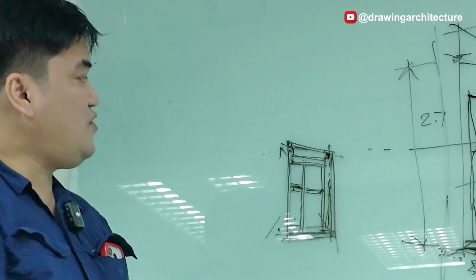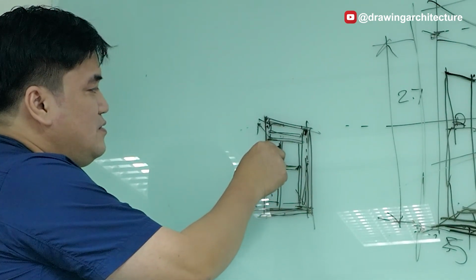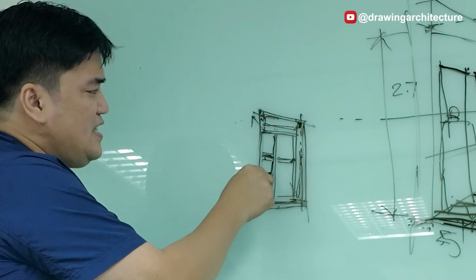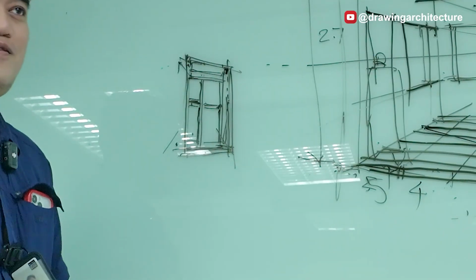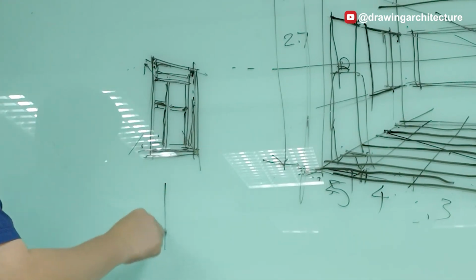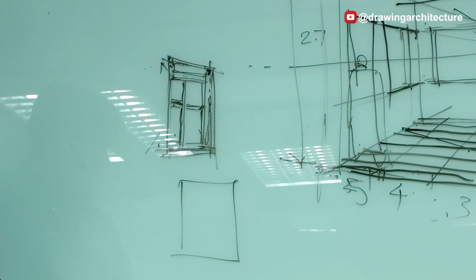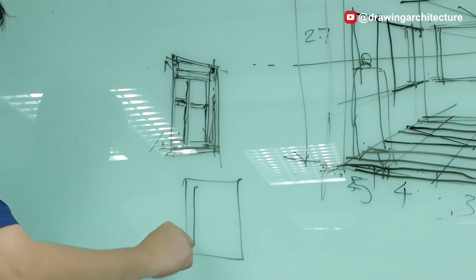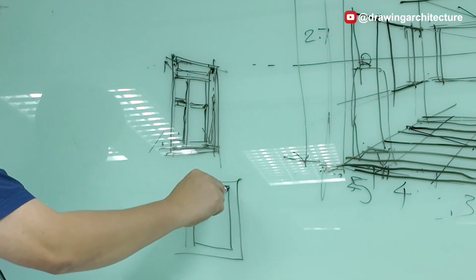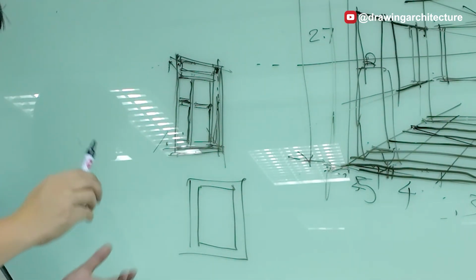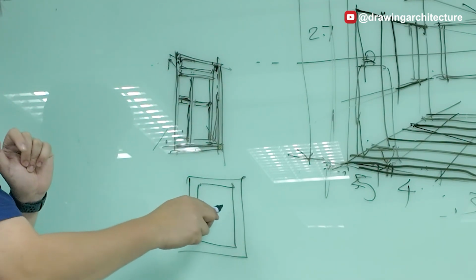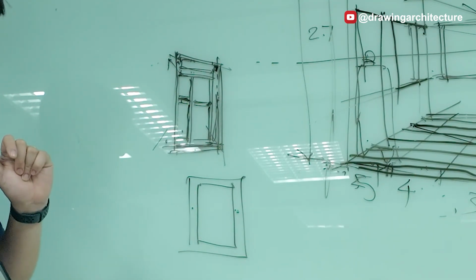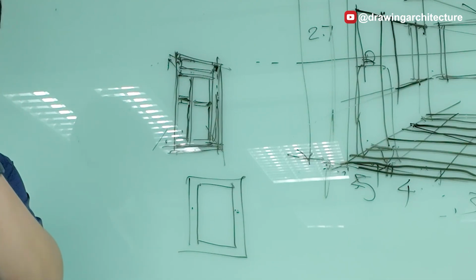Yung details. You have to pay attention to, you know, mga thickness, very tiny double lines, and the way that is performed. Pero orthographically, they're all equal, right? If you take a panel, equal siya lahat. But in perspective, since naka-tilt siya, they look different.